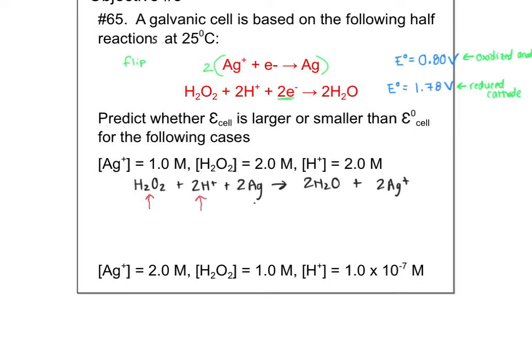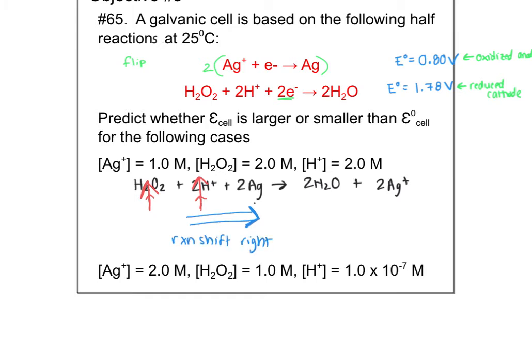I want you to think of Le Chatelier's principle back from when we learned equilibrium. So if I increase the concentration of reactants, in order to reestablish equilibrium, the reaction is going to shift towards the products. So I'm increasing the reactants from standard conditions, so we're going to shift to the right.